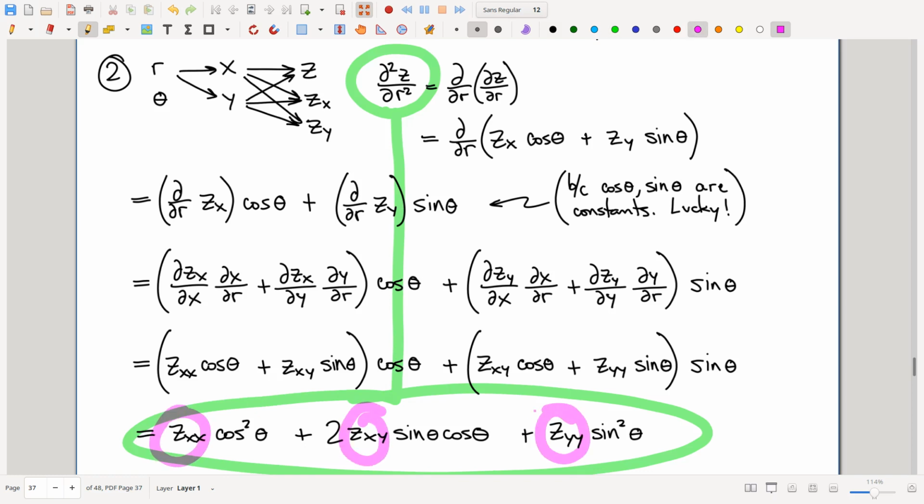So this allows me to turn a polar problem into a rectangular problem. How you make use of that depends on the circumstance. If you know z directly as a function of x and y, then these three rectangular partials are super easy, you just write them down. Then, knowing this formula in advance, whatever these partials are, you multiply by these polar functions and you're done. Does that make sense? Okay. Cool.